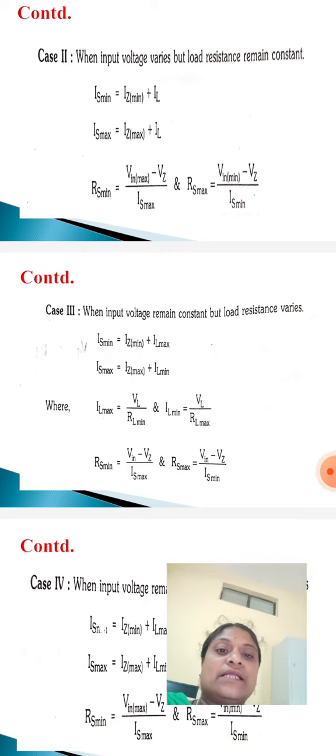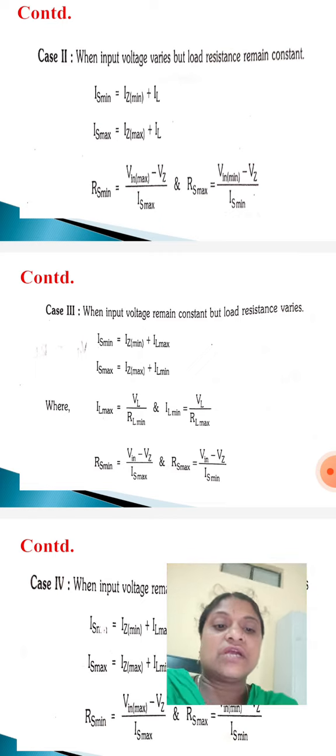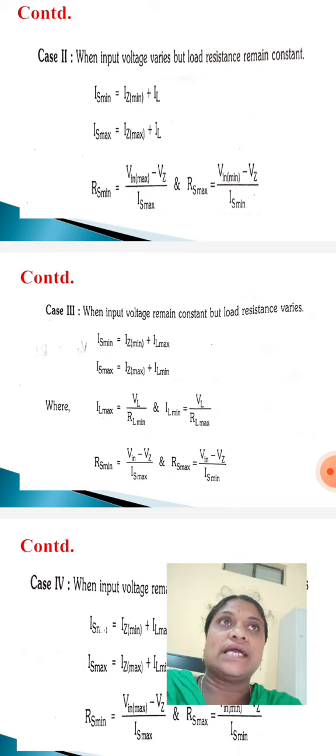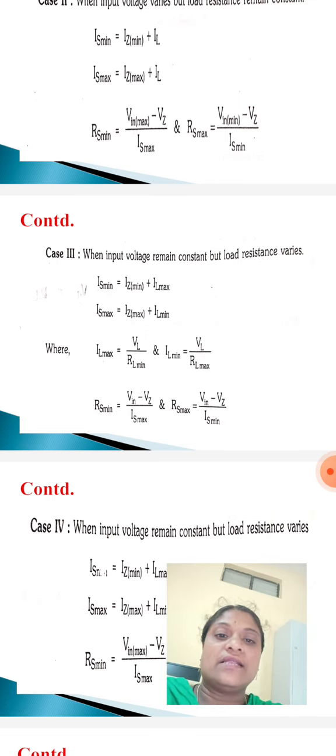Okay. Similarly, for IL maximum, by using Ohm's law, V is equal to IR, I is equal to V by R. Substitute I in terms of IL maximum.